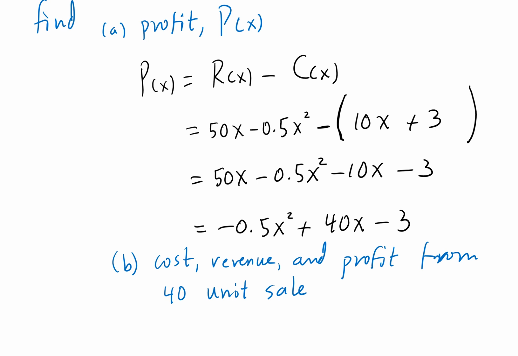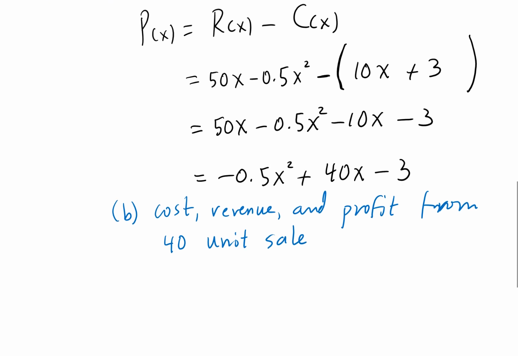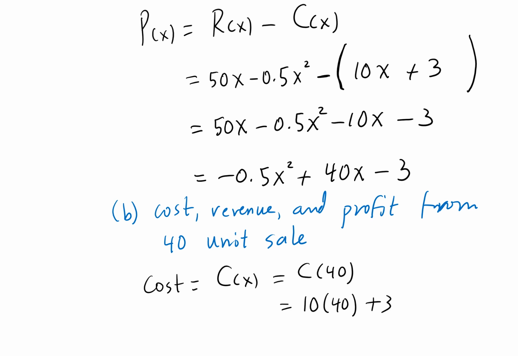So it means if you sell 40 items, x is 40. It's all easy substitution. The cost is C of x, which is C of 40 here. And it's 10x plus 3, so 10 times 40 plus 3, 403, maybe in dollars.